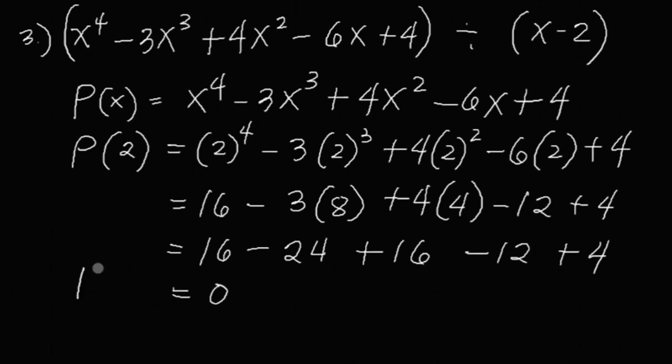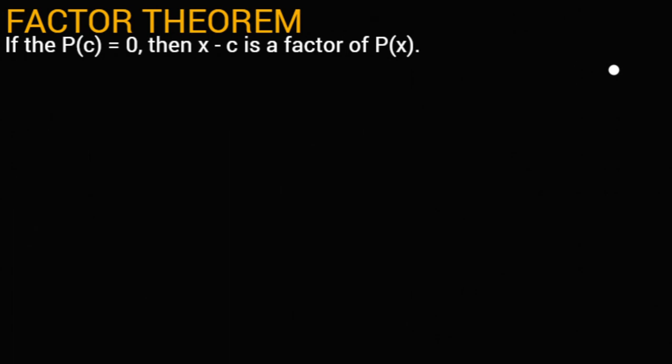So meaning p of 2 is equal to 0. And when our remainder is 0, that means our remainder is 0. Kapag 0 ito, remainder natin ay 0. We have no remainder. Now, let us have another one, factor theorem. Actually, this one is related to what we have in example number 3.